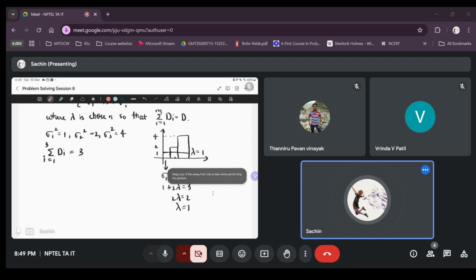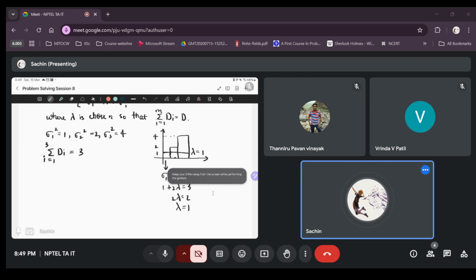Right? And so that's the method. You start out at a lambda value greater than all the values of sigma i square. Then the summation of di will just be the summation of sigma i square. Check if that value is equal to D. If that value is not possible, then bring it below the highest sigma i square value.